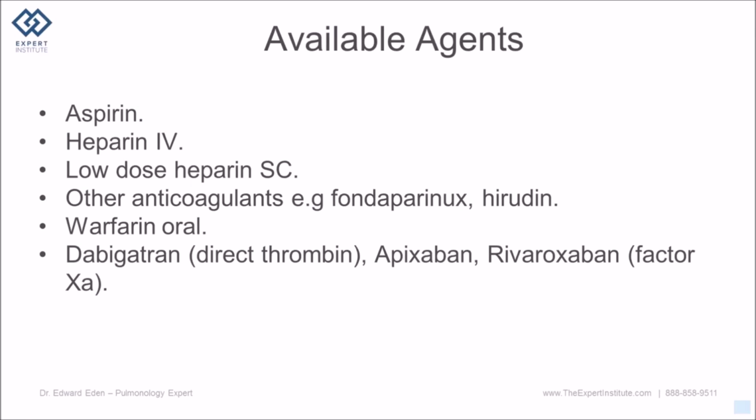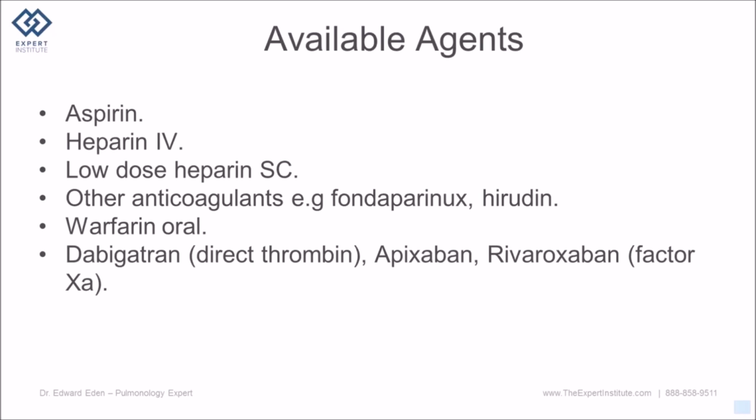There are a variety of available agents. The discussion of this is beyond this lecture, but I will mention some of the oral agents that are now available that have certain advantages over warfarin, which was the standard agent for use in chronic therapy. Warfarin, as you probably know, requires frequent blood test monitoring and has some dietary restrictions.